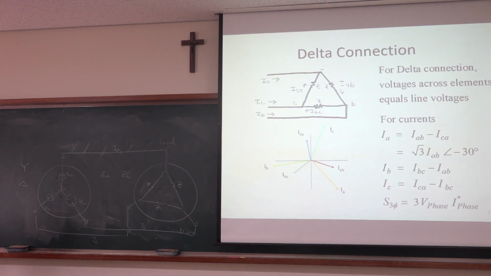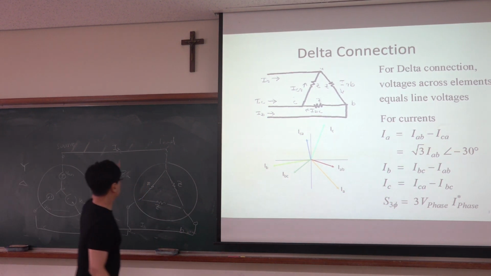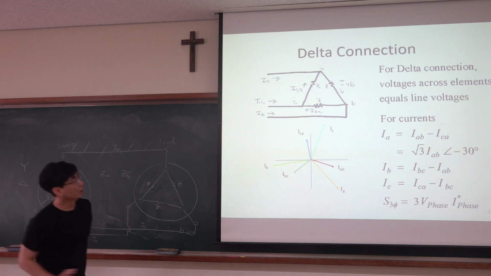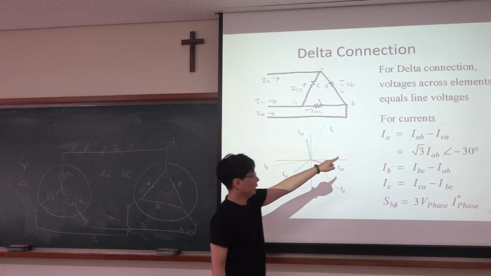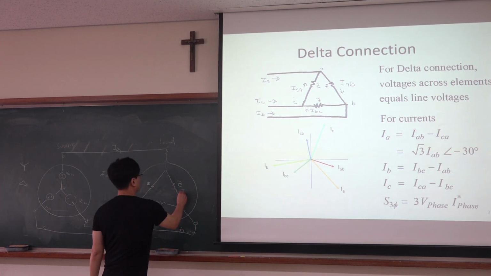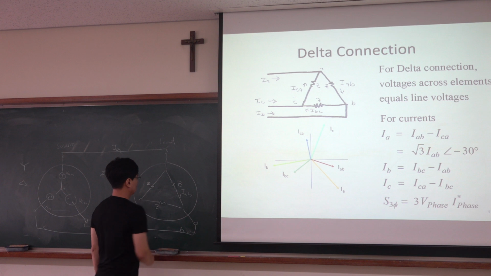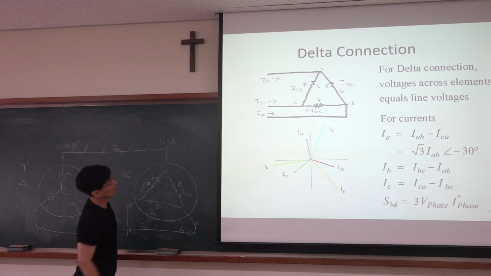So IA, IB, IC, like that, and we define the phase current IAB as this one. Then IBC, ICA, right?